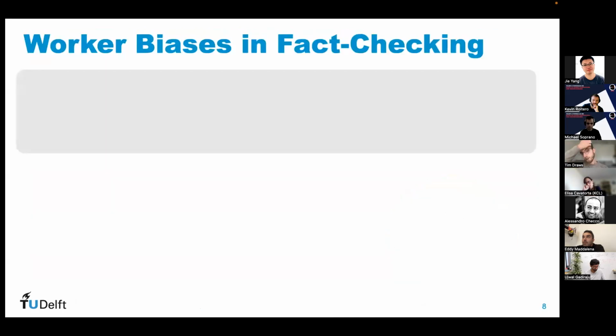And what we wanted to find out in this project was what kind of worker biases, and also specifically cognitive biases, can affect crowd workers in this context, so that they can then be mitigated in some way later on.